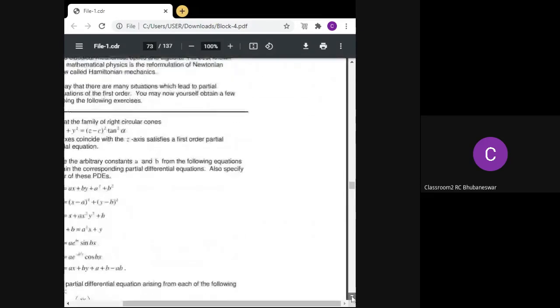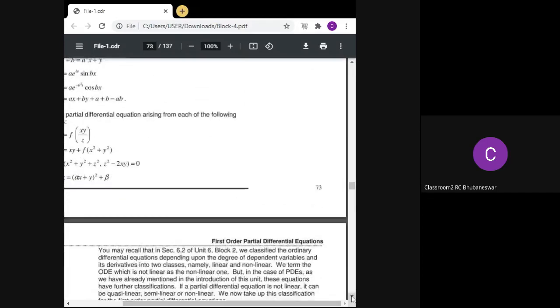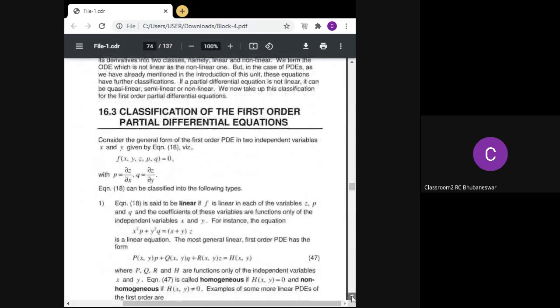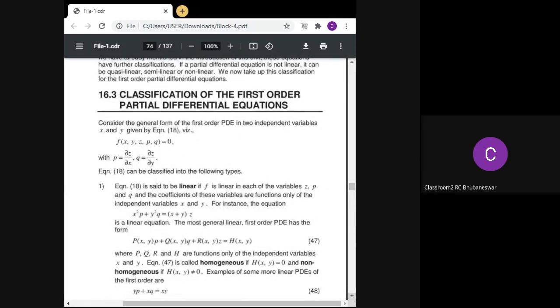So on page number 74, we have to focus on the classification of the first order partial differential equation. According to the nature of the first order partial differential equation, we can categorize it into different types. Look at the expression here.